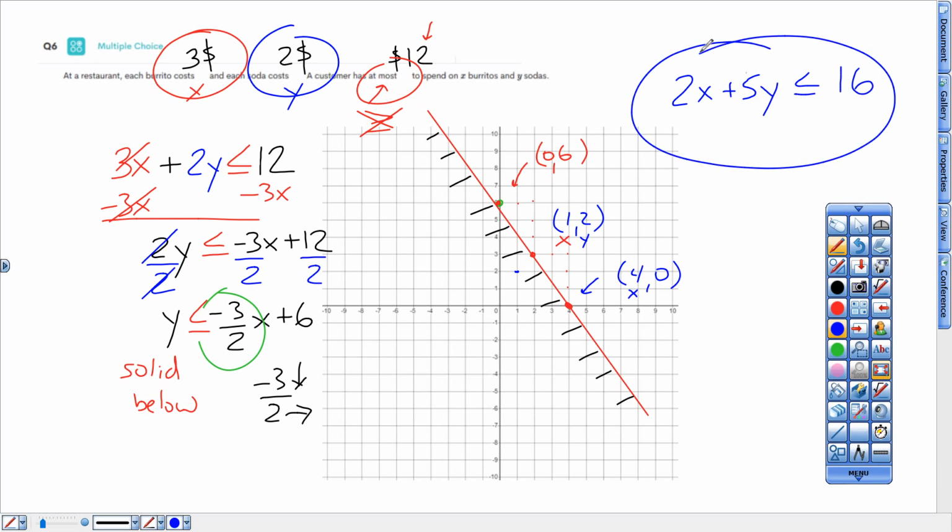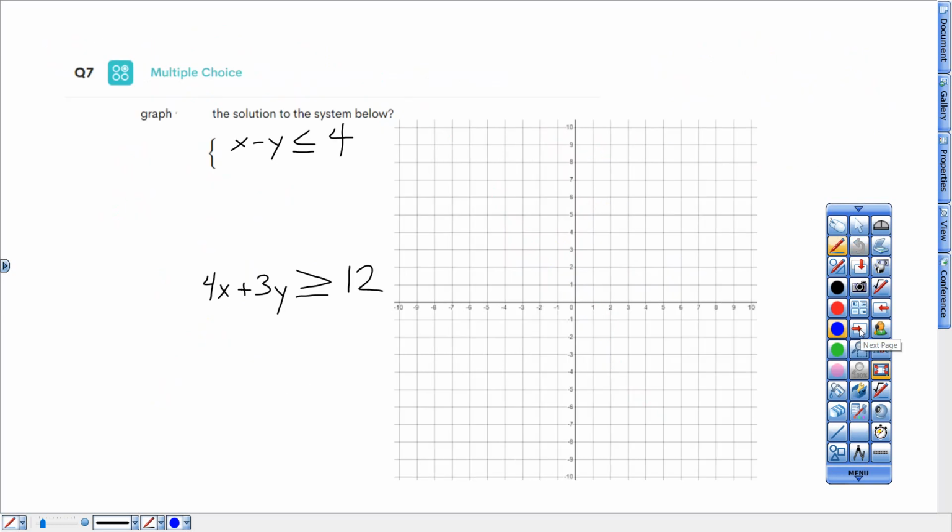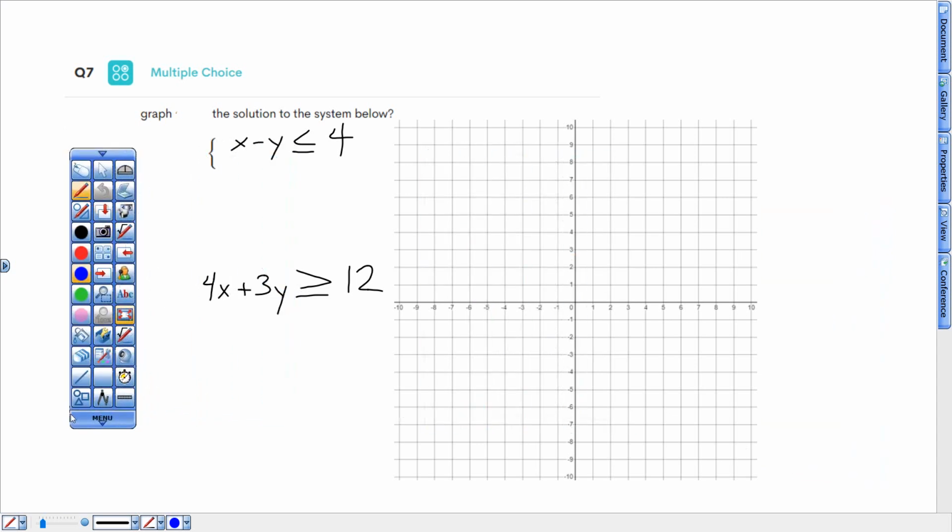All right, moving on. Number 7, I'm going to have you solve these for y and then graph them. So here we go. This first one in blue. Take away this x. Bring down that negative y. Bring down that inequality.